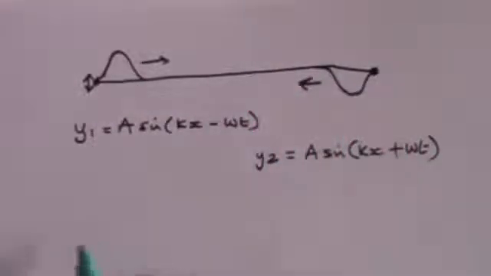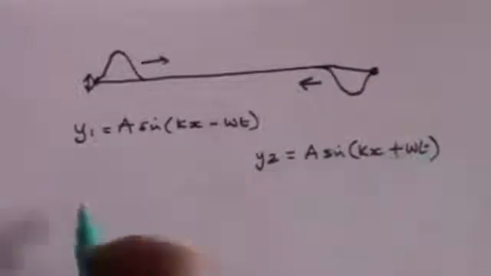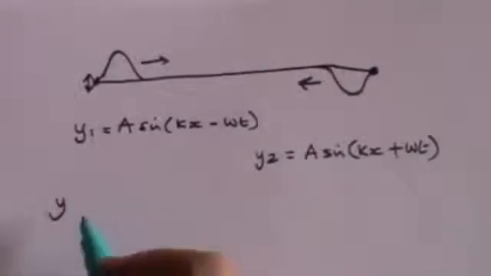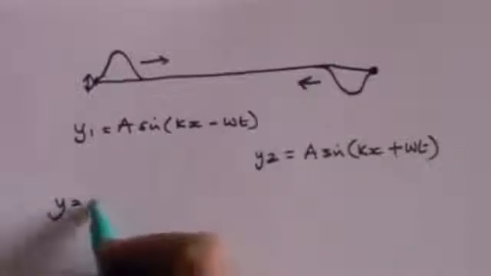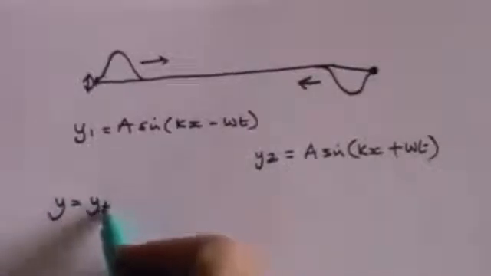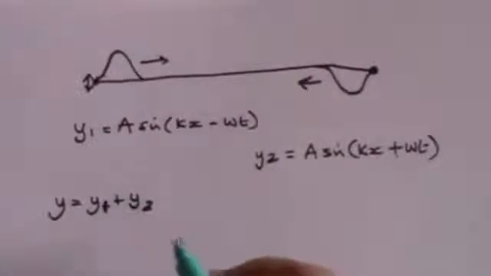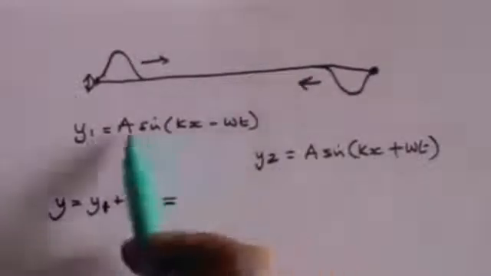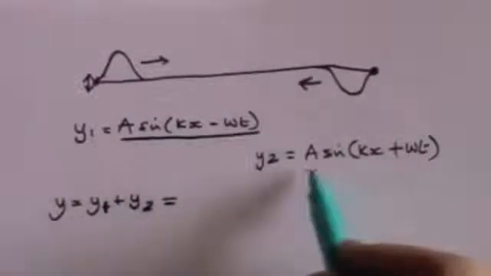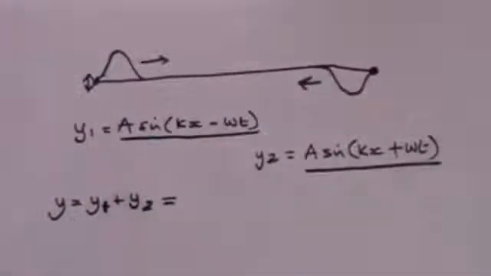And when we want to know what the total effect is of a superimposed wave, we get that y is equal to the sum of y1 plus y2, which is going to be this term plus this term.